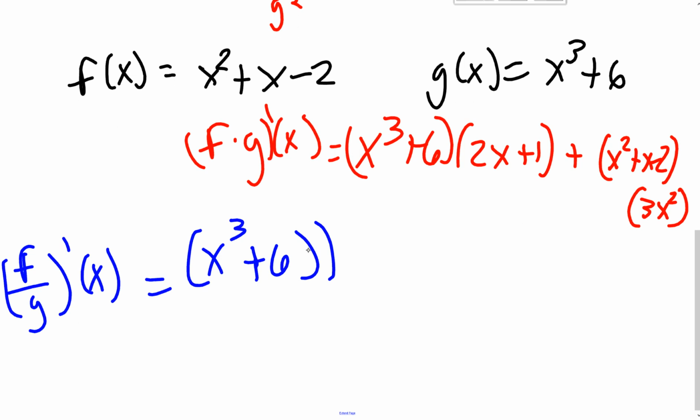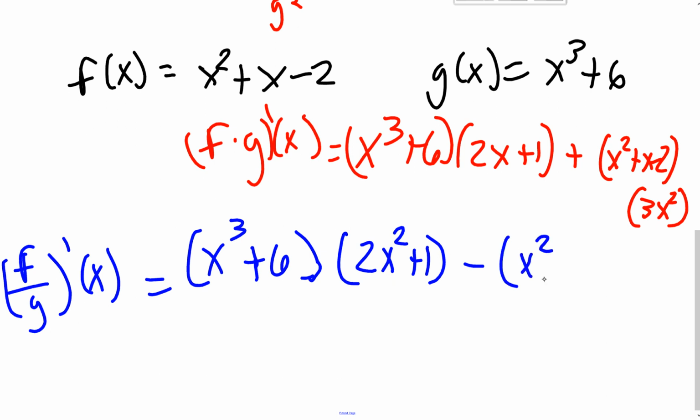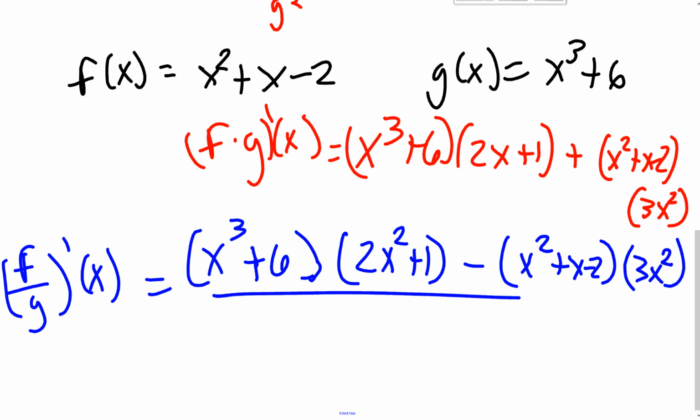So this one will be taking the derivative of the top, which sometimes I like to put second in this multiplication here, minus the top times the derivative of the second, or the bottom, sorry, all over the bottom squared.